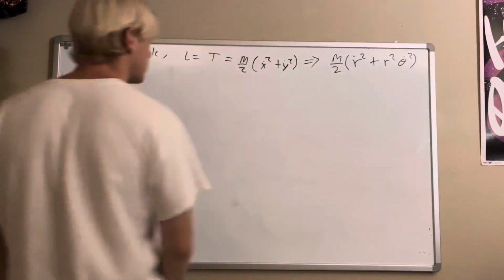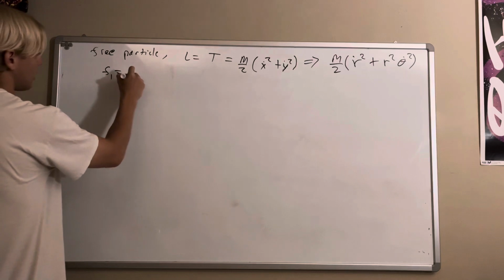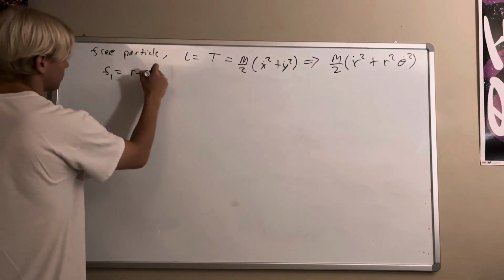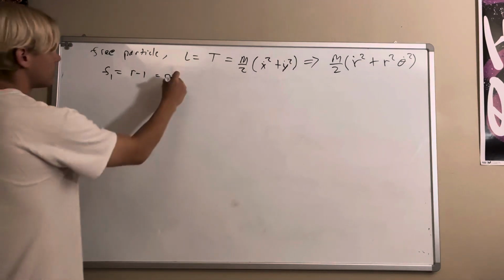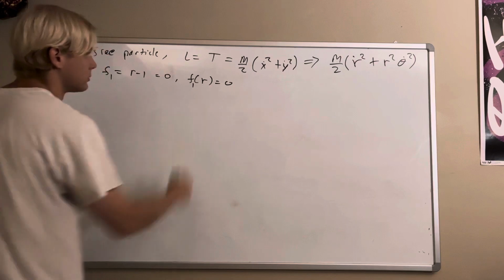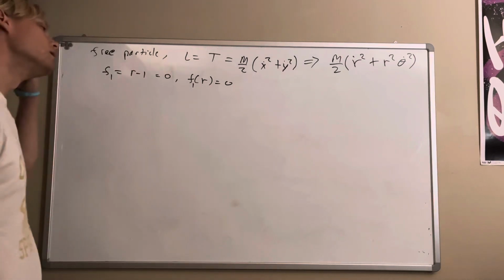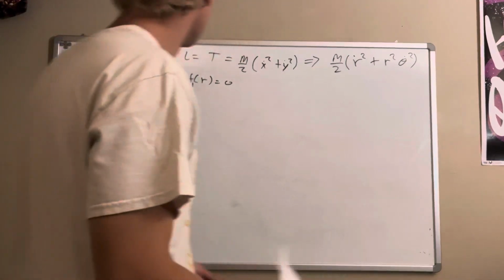And in polar coordinates, I'm going to be using the constraint r minus 1 is equal to 0. And you're going to see this function is only a function of r now. There's no theta. Okay? Yeah, I think that's it.